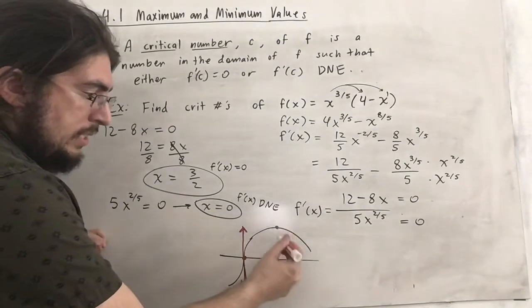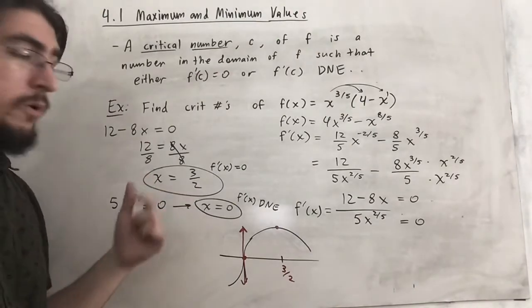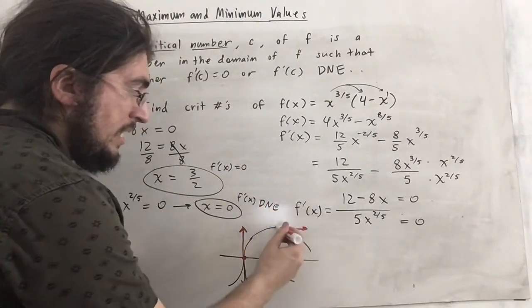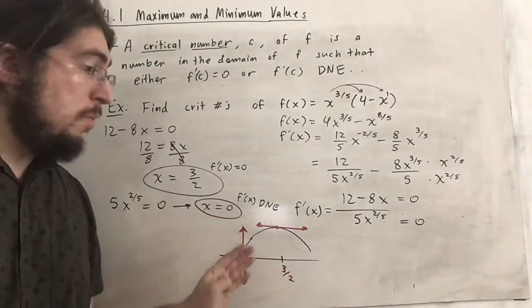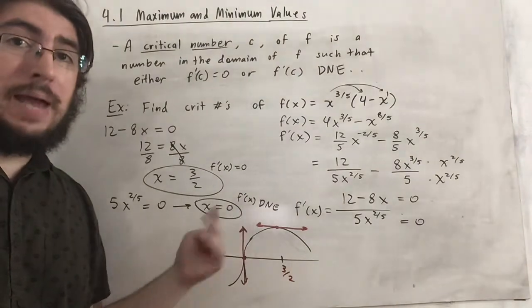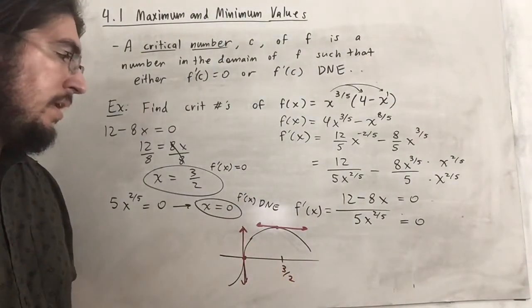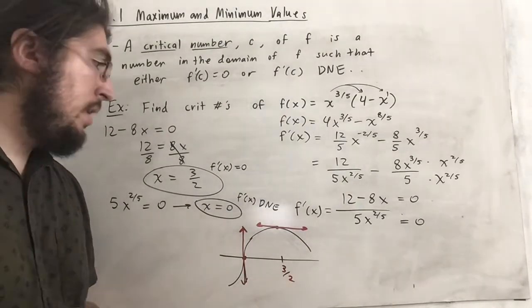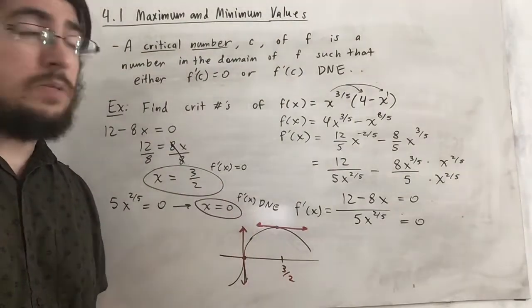Now let's say this is the x value 3/2, the other critical number, where f prime of x is 0, which corresponds to a horizontal tangent line, and moreover, it's a maximum. In fact, it's the absolute maximum of the function. So this function has no minimums, local or absolute, but it does have an absolute maximum.